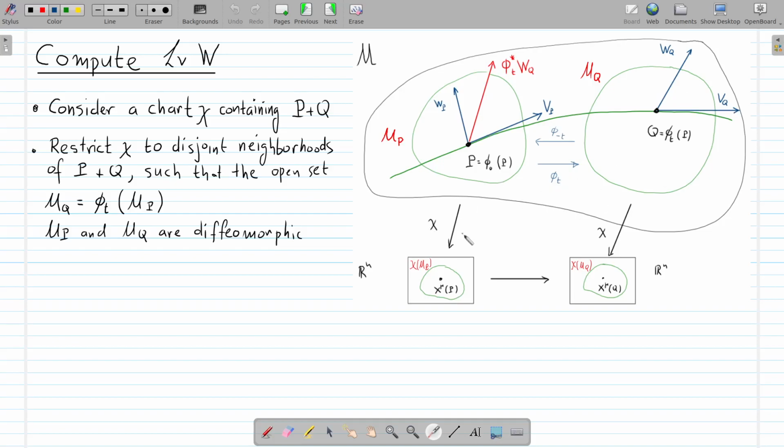Then the restriction of the chart on those two neighborhoods will give us a restricted chart around the point P and the point Q.